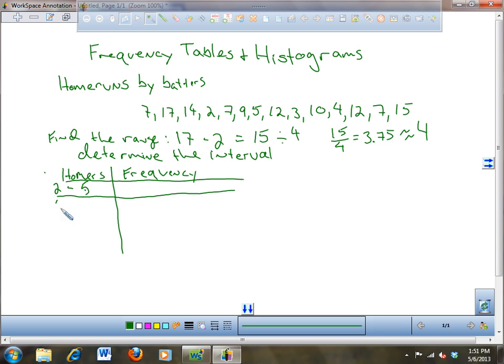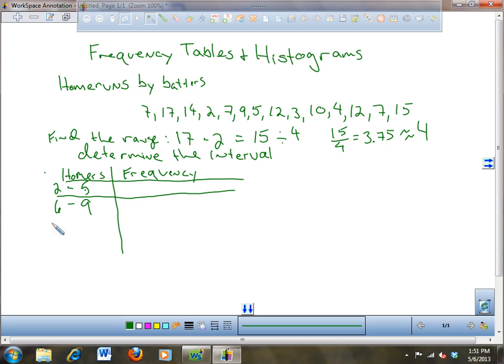Then I want to go from 6 to where? 6, 7, 8, 9. So from 6 to 9, there are 4 numbers in there.